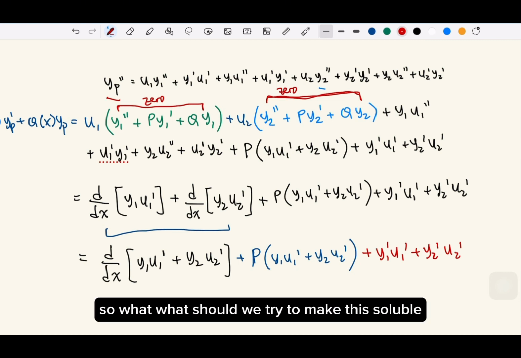So what should we try to make this solvable?